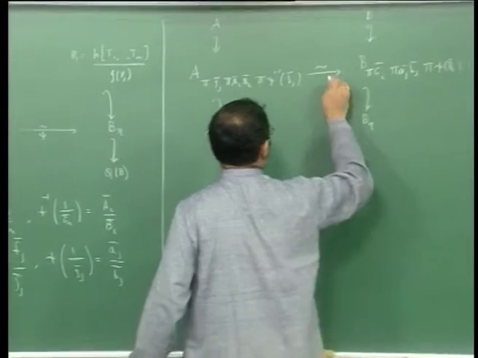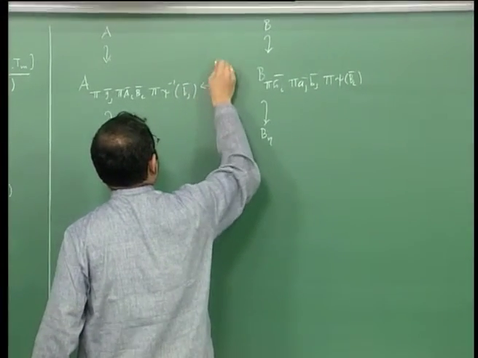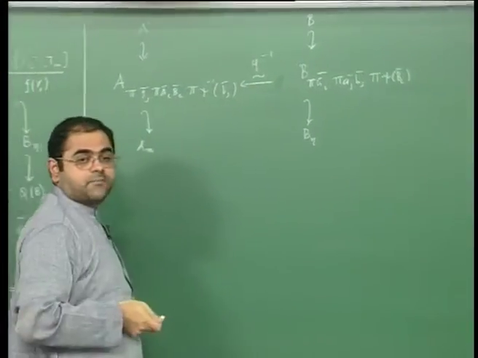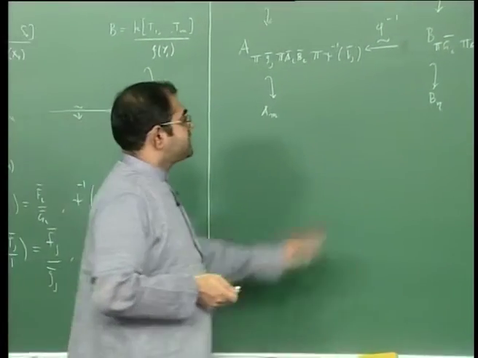So let me put the arrow in this direction and call this phi inverse, okay, a K-algebra isomorphism phi inverse.